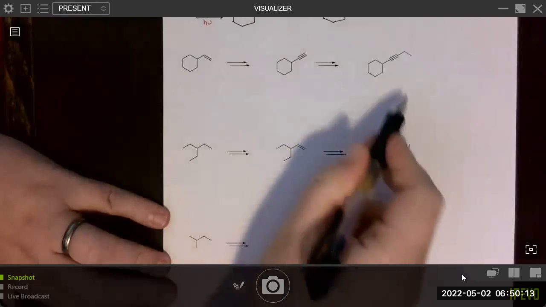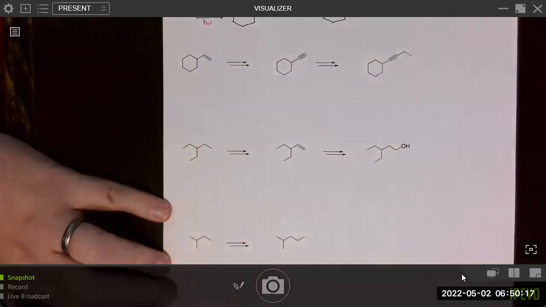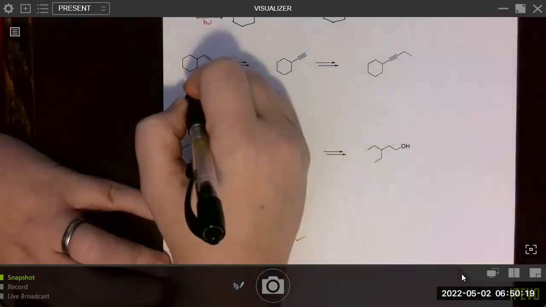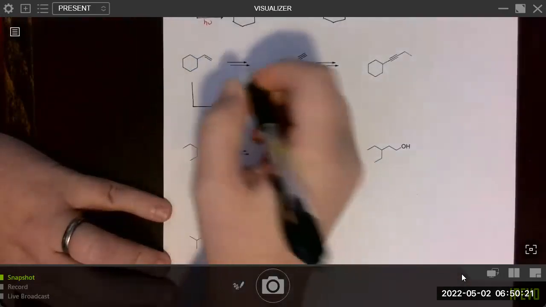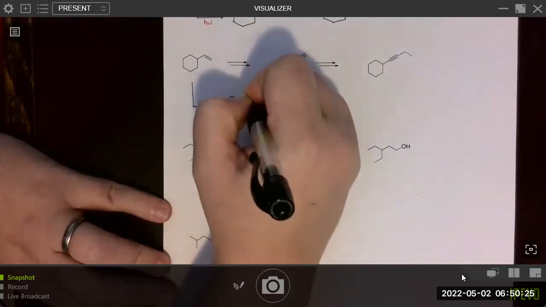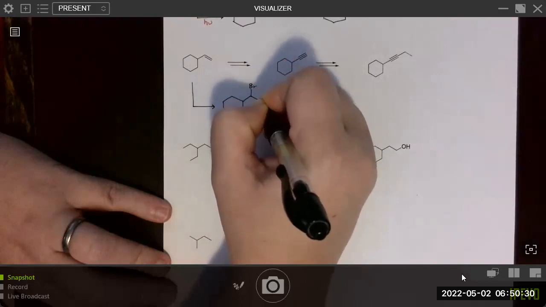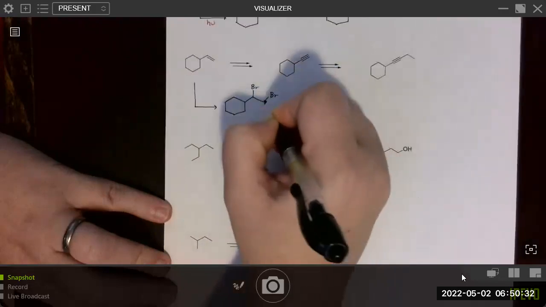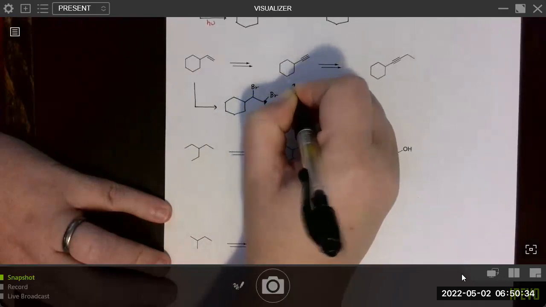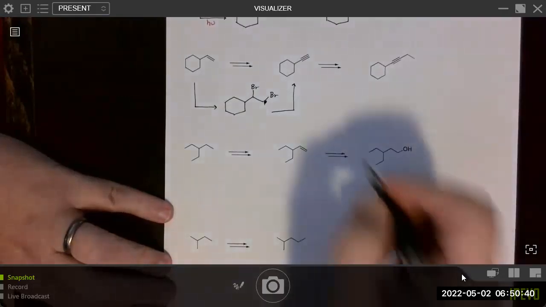In order to convert an alkene to an alkyne, it's a two-step process. First, we do a halogenation reaction, and then we do a double elimination to get the alkyne.